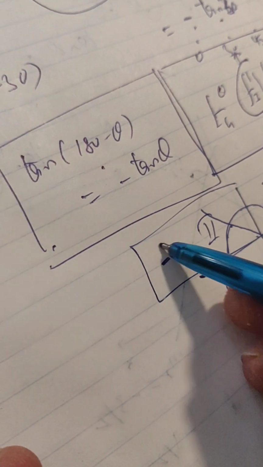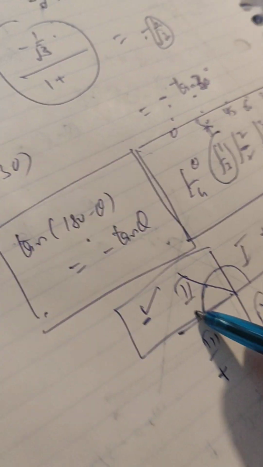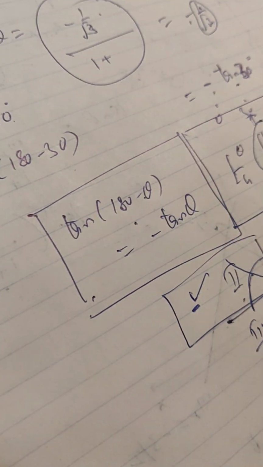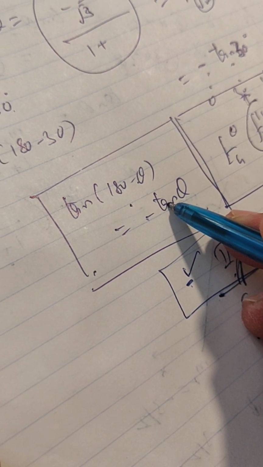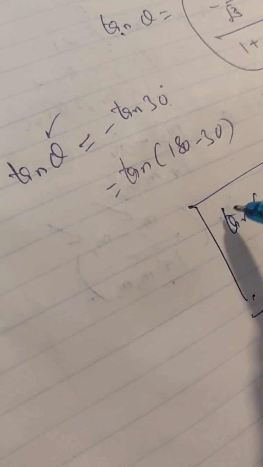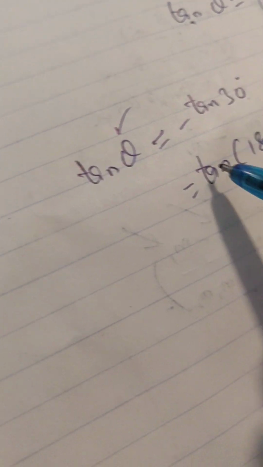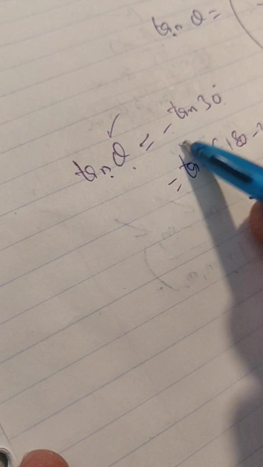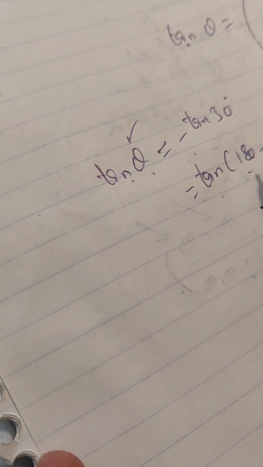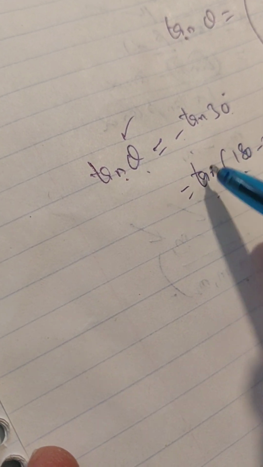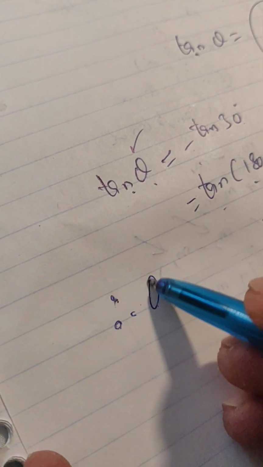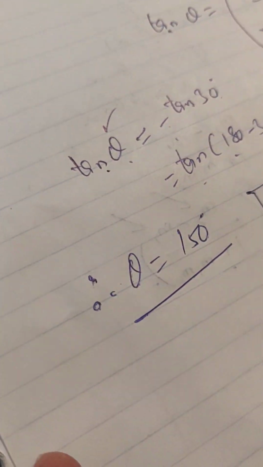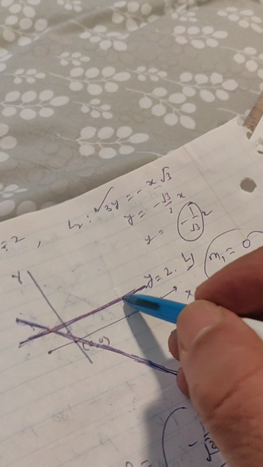So in the second quadrant it is negative. So tangent of 180 minus theta is negative of tangent theta. So here tangent theta is equal to tangent of 180 minus 30, because this is nothing but minus of tangent 30. So therefore I find theta is equal to 150 degree. This is the answer. So the angle between these two straight lines is 150 degree.